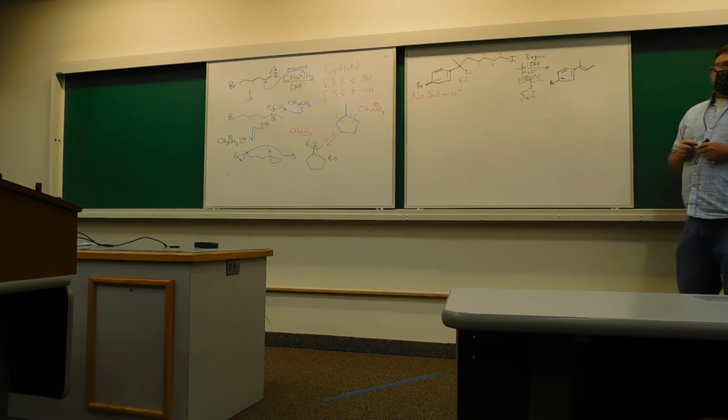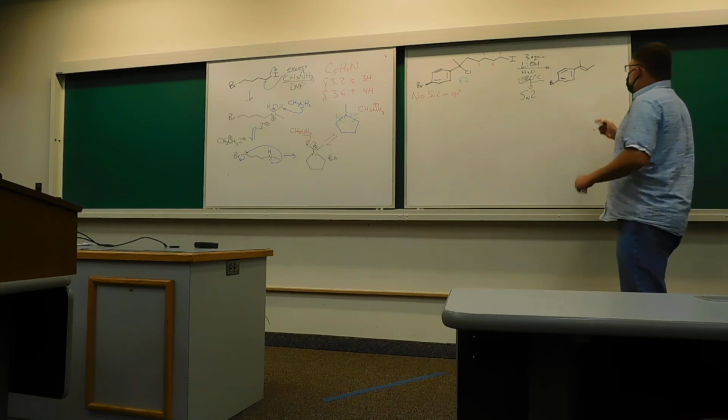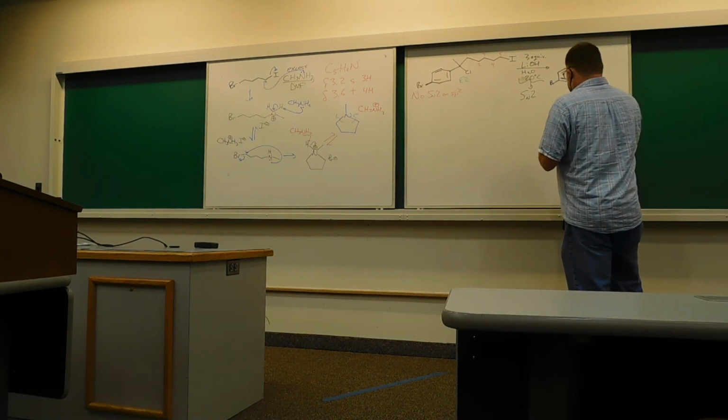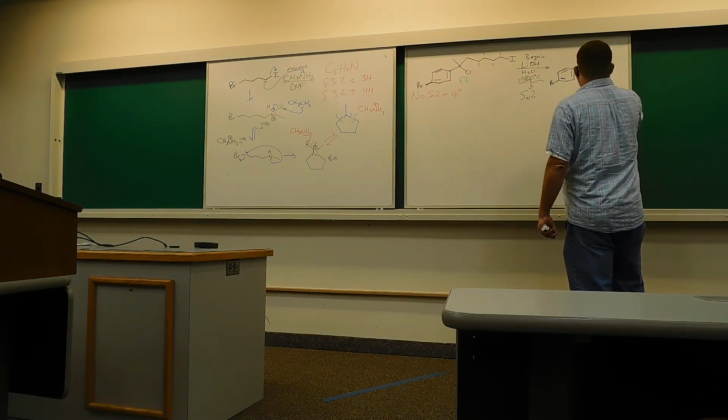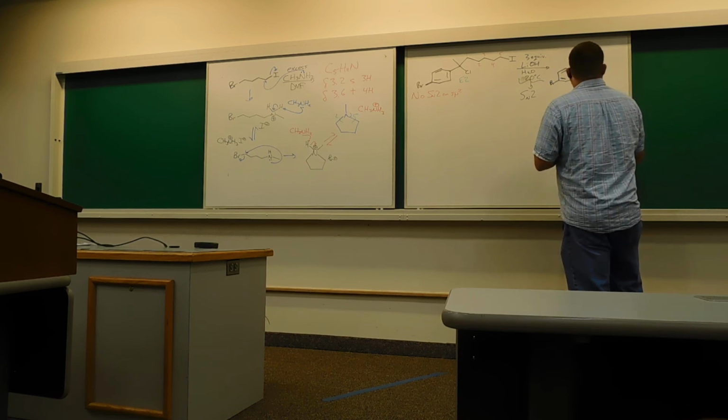So what's the primary iodide going to do? Right, it's a primary carbon. It can do SN2 just fine. Low temperature, really small base. So SN2 is probably going to happen out there. So this is going to be 1, 2, 3, 4, 5.